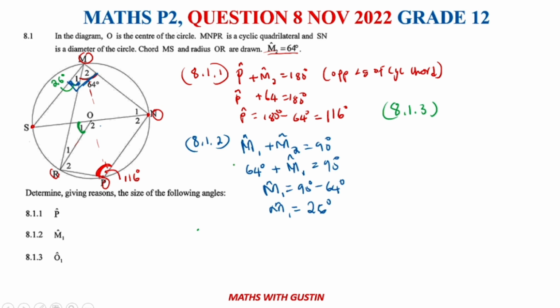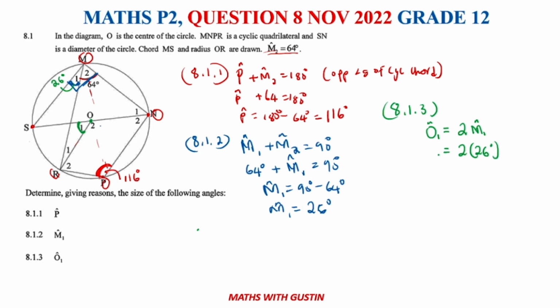What do we know? We know that this is the angle that is sitting at the center, because they said O is the center. So mathematically, according to the theorems, angle at the center, which in this case is O1, is twice angle at the circumference, which in this case is M1. So what is M1? M1 is 26.